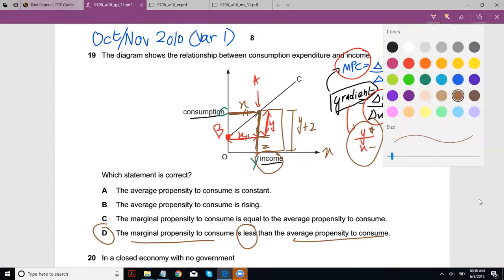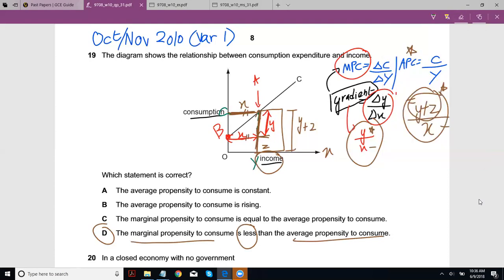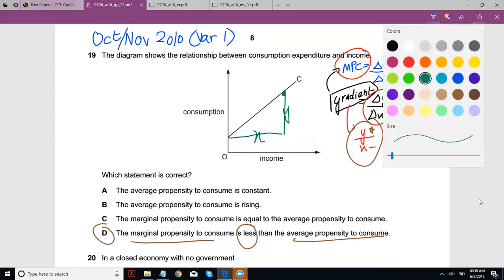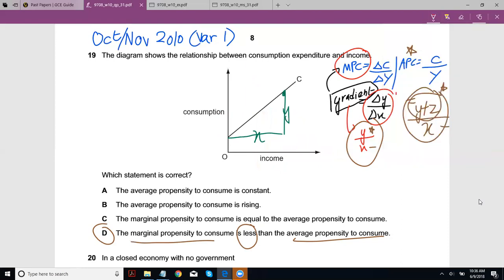But the reason here is the fact that you have a y-intercept. Since you have a y-intercept, you could do this for any particular point. You could do it for this point. You can see change in x and change in y, and that'll give your MPC.